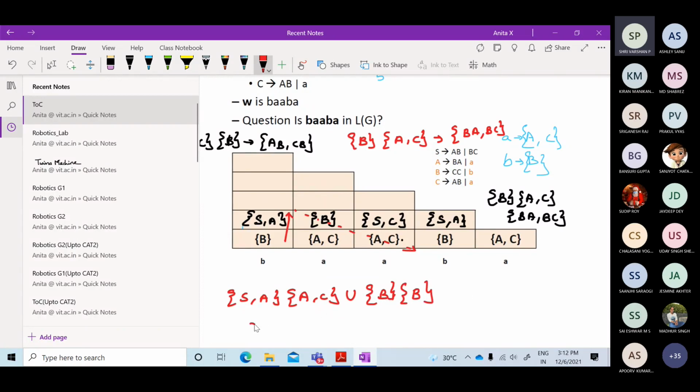So what I'll be getting? SA, SC, AA, AC, union BB. Okay. So what are the productions? With the help of the production rules, can you please derive the symbols which derive these things?